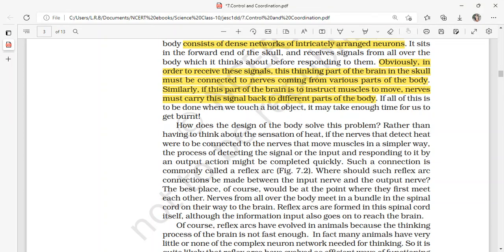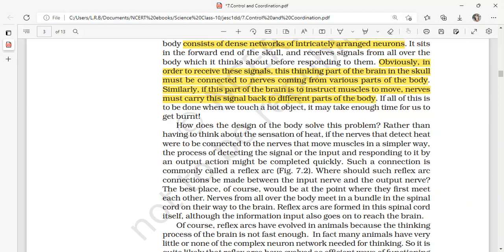How does the design of the body solve this problem? Rather than having to think about the sensation of heat, if nerves that detect heat were connected to the nerves that move muscles in a simpler way, the process of detecting the input and responding with an output action might be completed quickly.